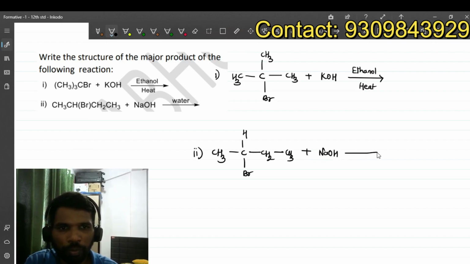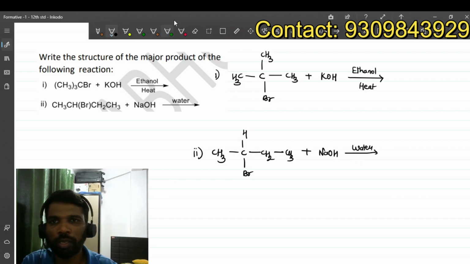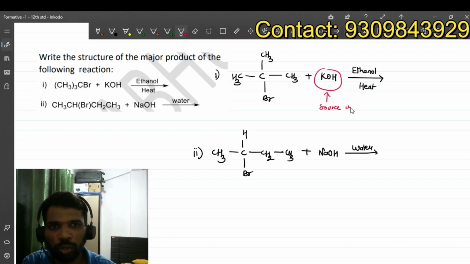Whether it is going to act as a base or nucleophile will depend on the medium. Here, water means aqueous medium. Both are sources of OH minus.